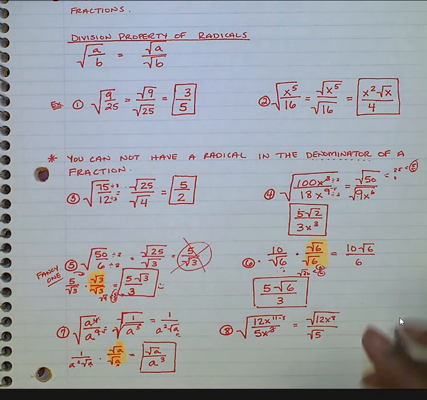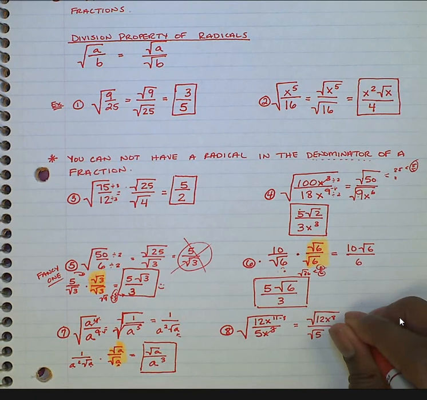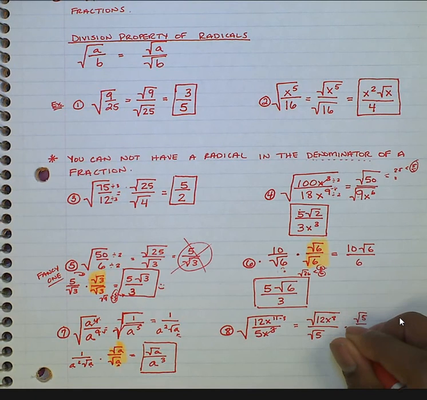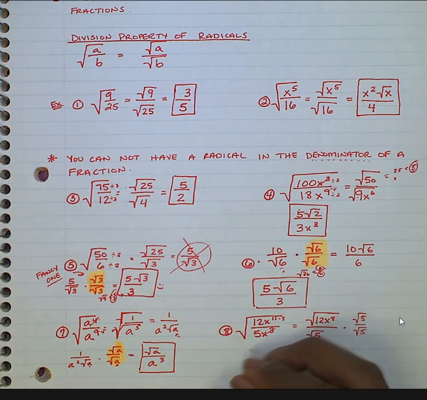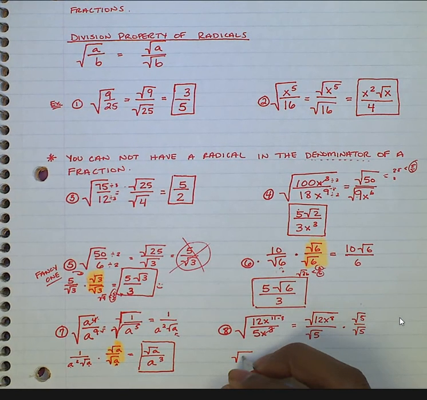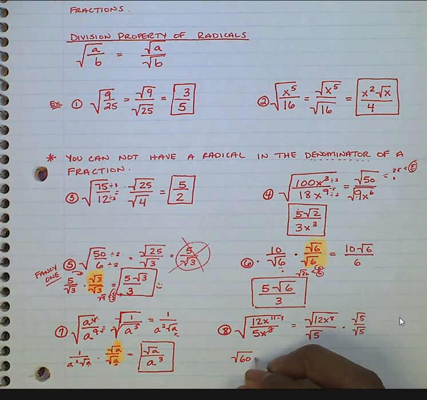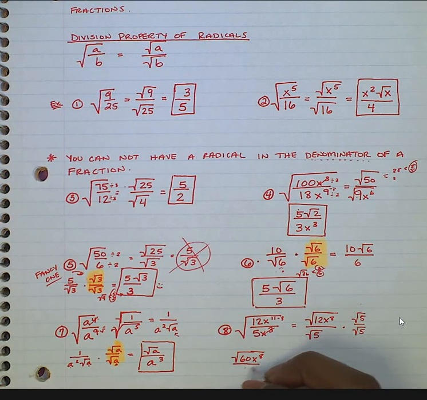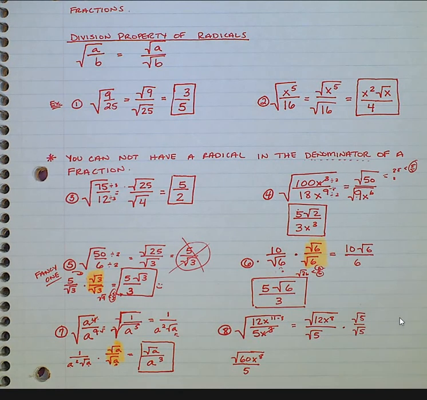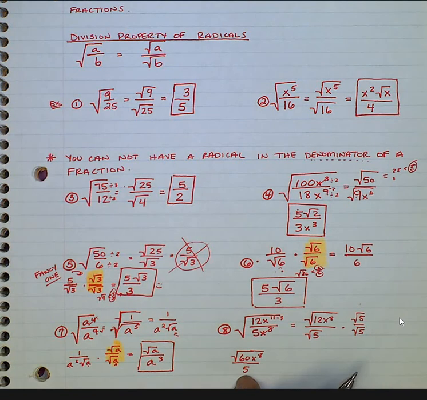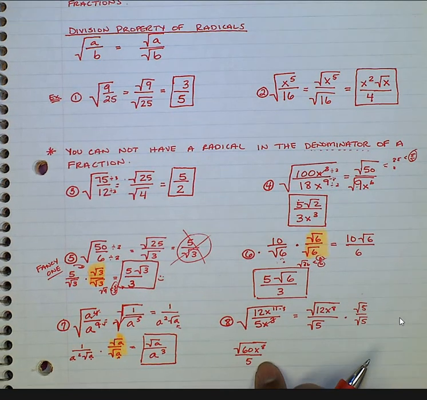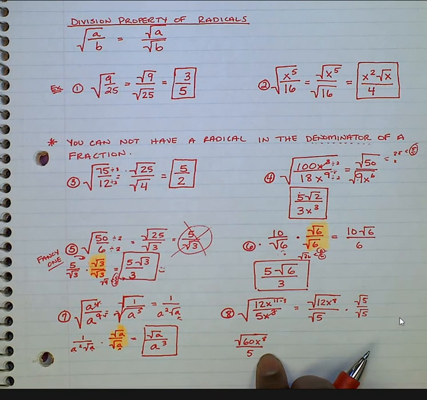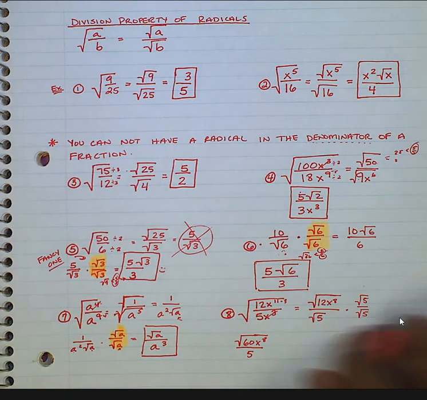Okay, so I'm going to multiply this by radical 5 over radical 5. I'll write that answer out here. When I do that, I will have radical 60x to the 8th over 5. Now this isn't my final answer. Even though I don't have a radical in the denominator, I still will need to simplify my numerator as much as possible.